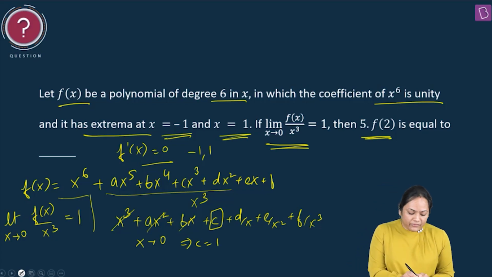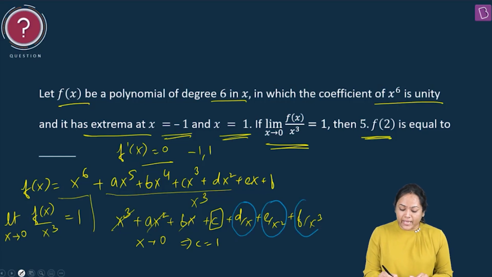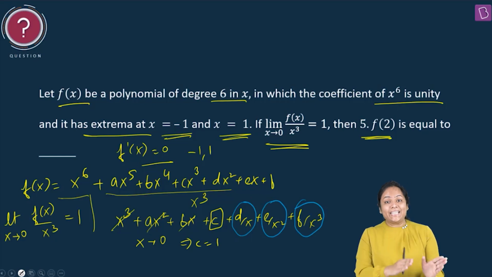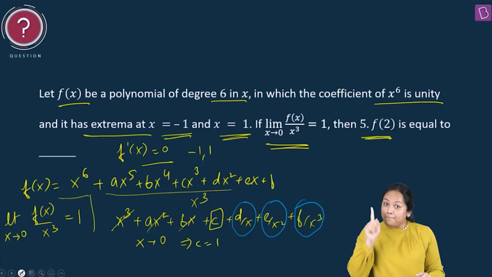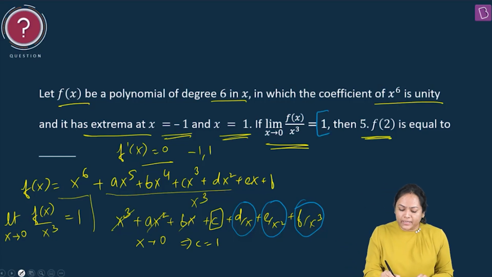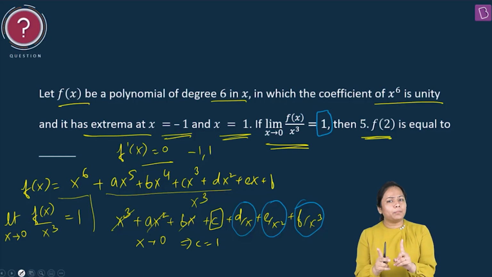Furthermore, I'll have these 3 terms left: d by x, e by x square, f by x cube. So if d, e, f are non-zero, this limit when x approaches 0 will go to infinity, right? But they have mentioned that the limit is 1. That means that d, e, f have to be 0.